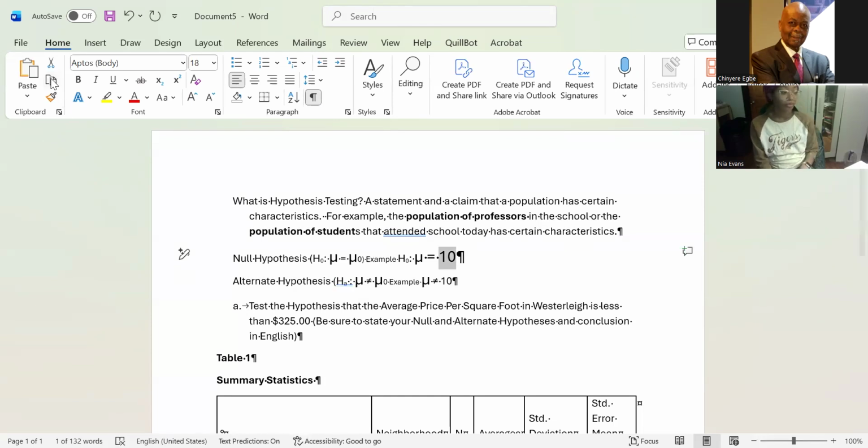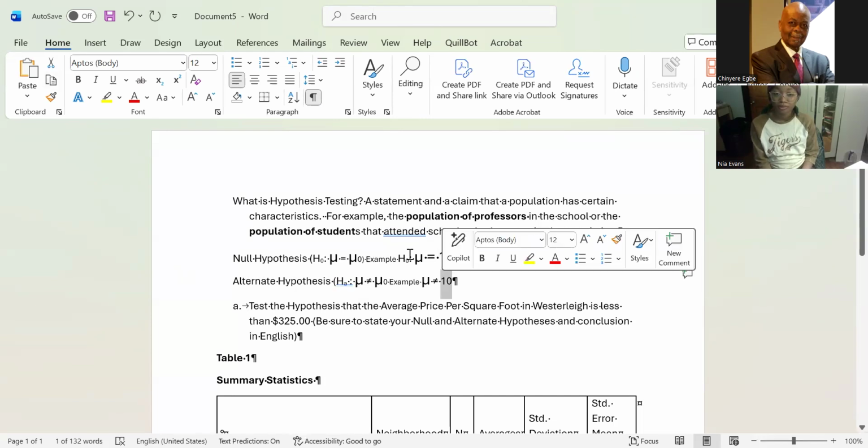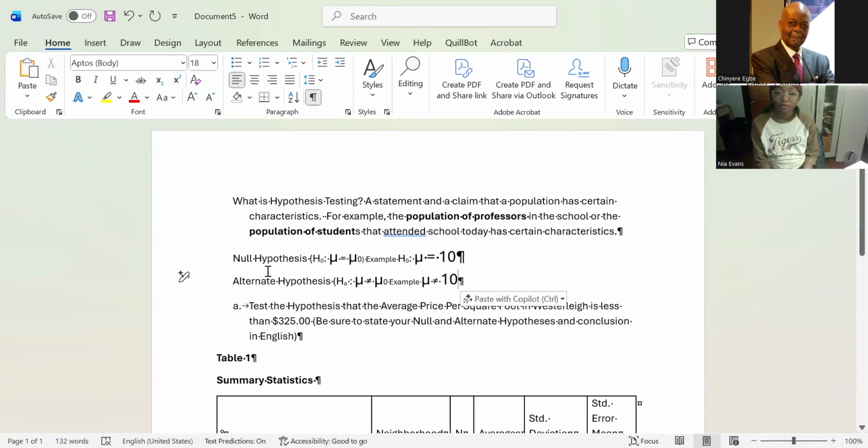The null hypothesis is that mu is equal to 10. In general, we say mu is equal to mu naught. So whatever we put there as mu naught, for example, here, mu is equal to 10. The alternate hypothesis is that mu is not equal to 10.